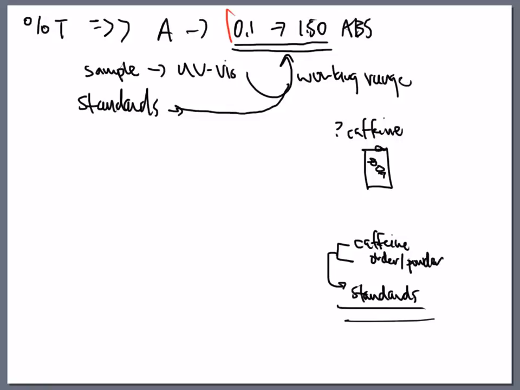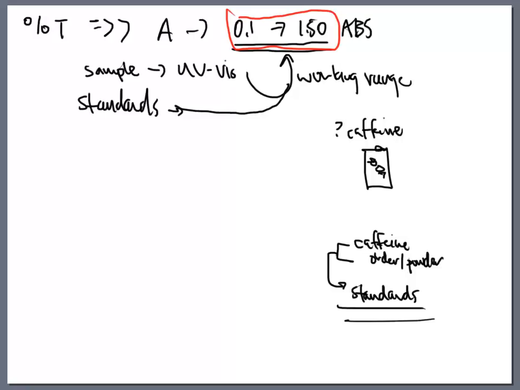They have to be between 0.1 and 1.5. Well, the problem is that if I really don't know what I'm doing, and I bring caffeine standard to the laboratory and weigh it out on a balance, how much is too much and how little is too little? That's the question.